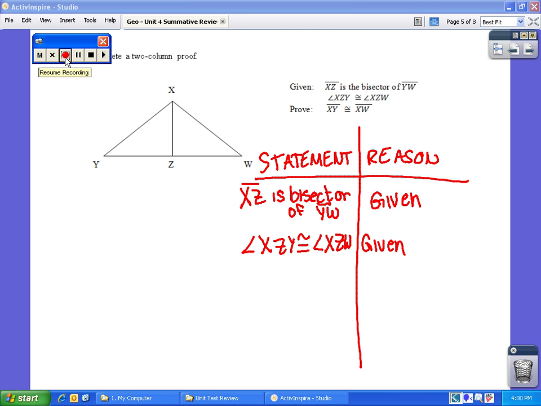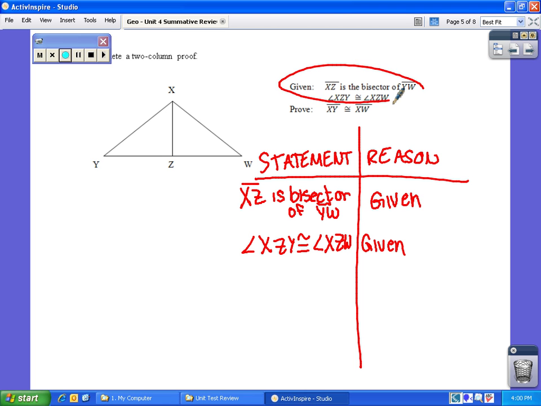For the next question, we're going to be completing a two-column proof. Make your T-chart and head the top of the left column, statements, and the top of the right column, reason. I start by writing down my two givens, that XZ is the bisector of line segment YW, that's given, and angle XZY is congruent to angle XZW, also by given.